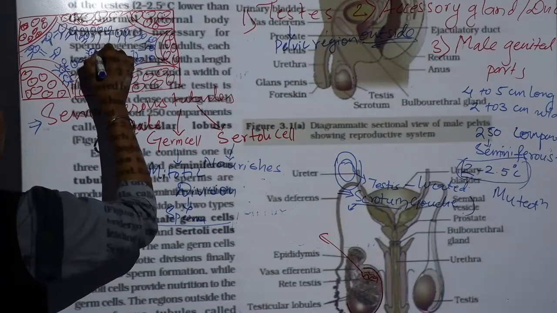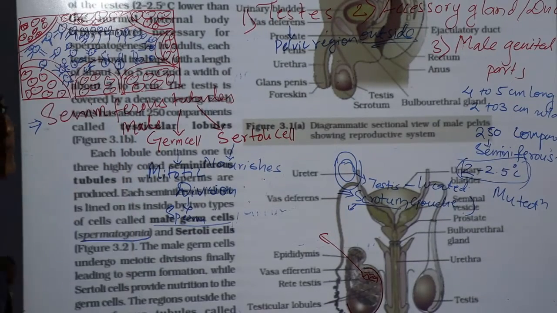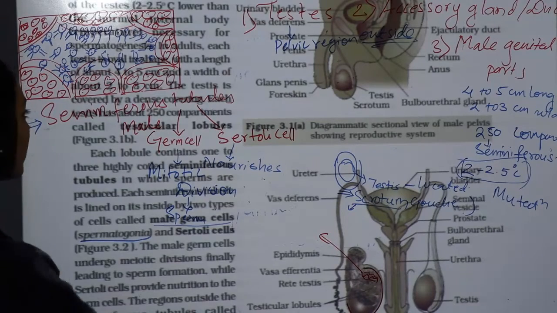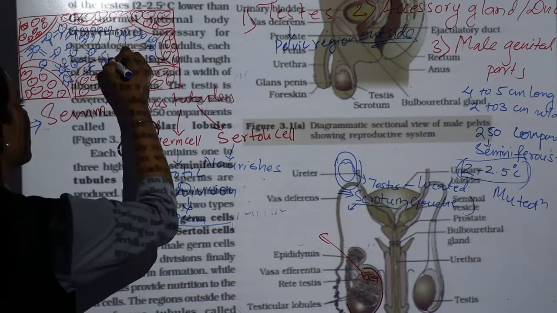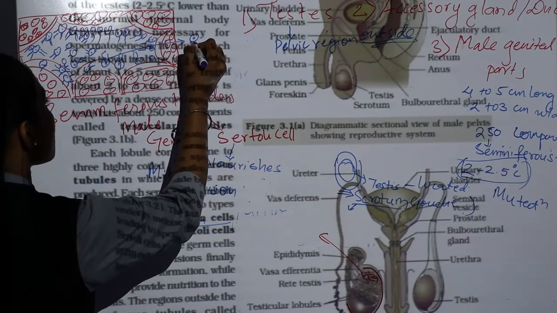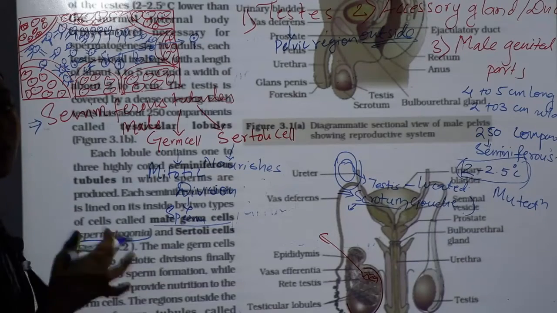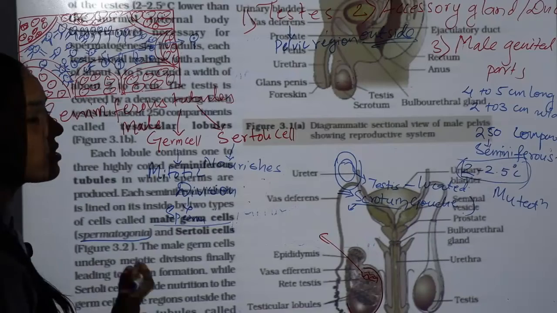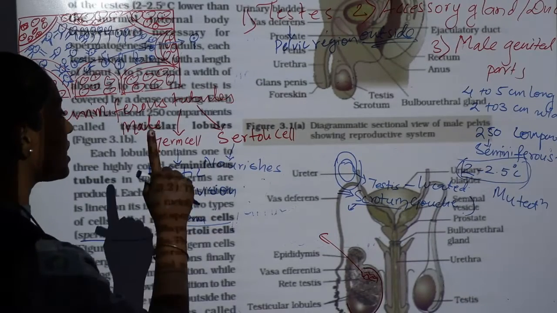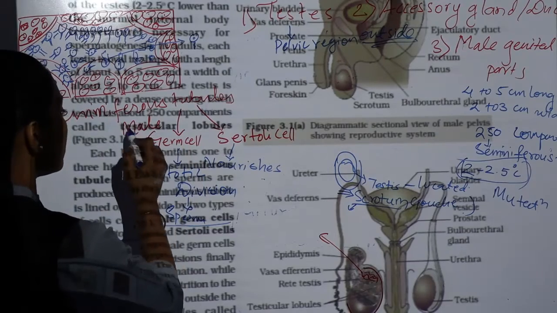I will tell you later on about the Leydig cells also, but first you see this diagram of seminiferous tubules. It is having what? Germ cell production. This further divides and forms a sperm which is of this particular shape. Almost millions of sperms are released during fertilization. We will see it in the fertilization step also, but for now you see how a sperm is being produced by a male germ cell.